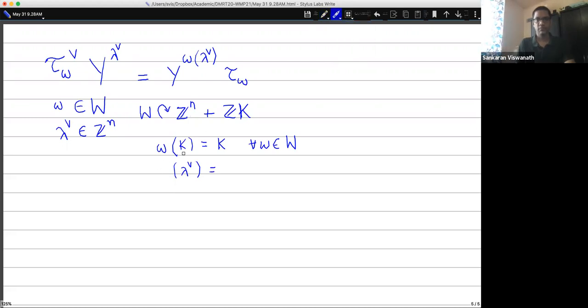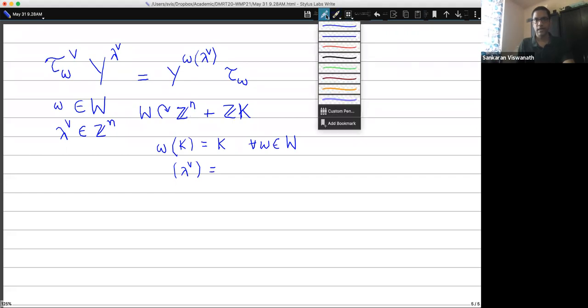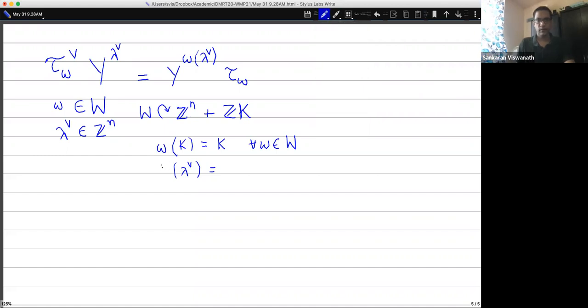Okay, so let me first say how the translations act. If we take a typical element t beta from the affine Weyl group, how does that act on this element lambda check? Well, it's lambda check minus beta lambda check k.